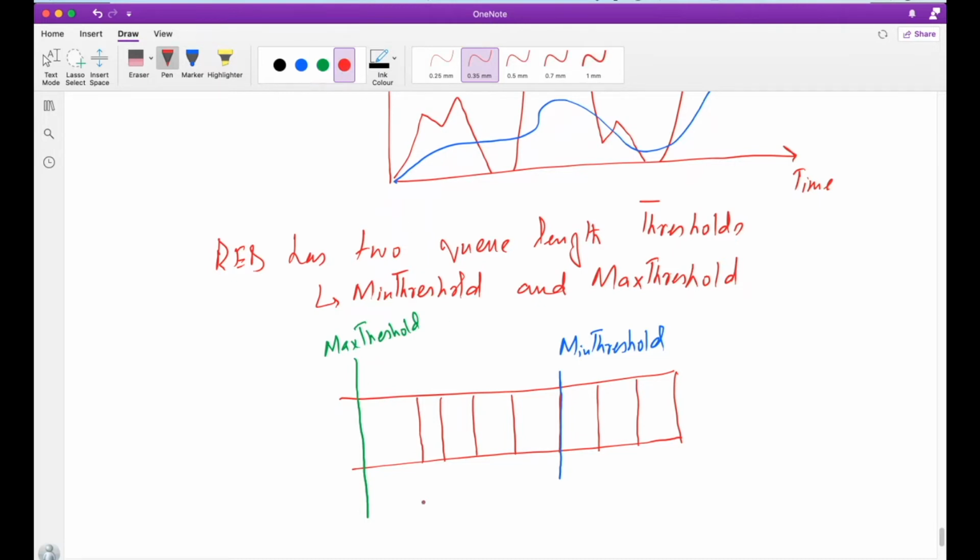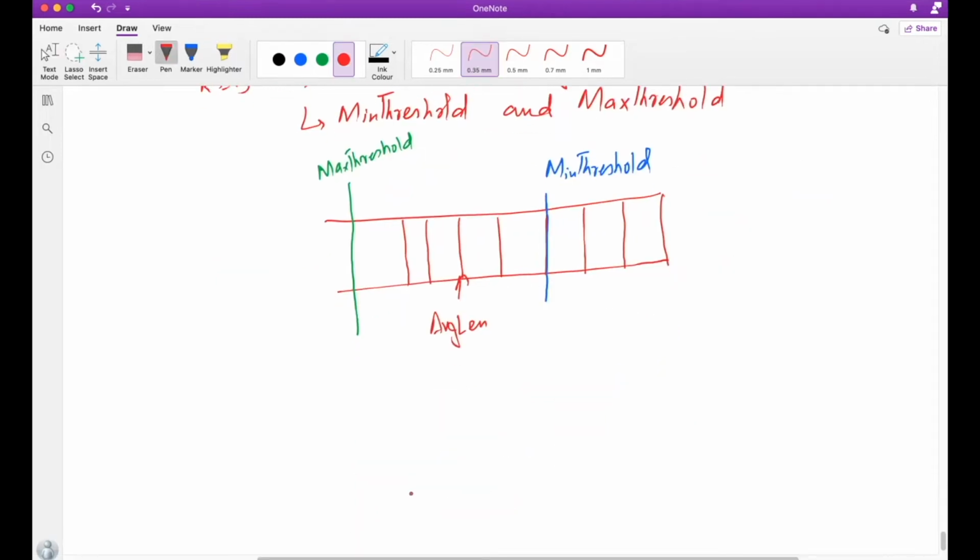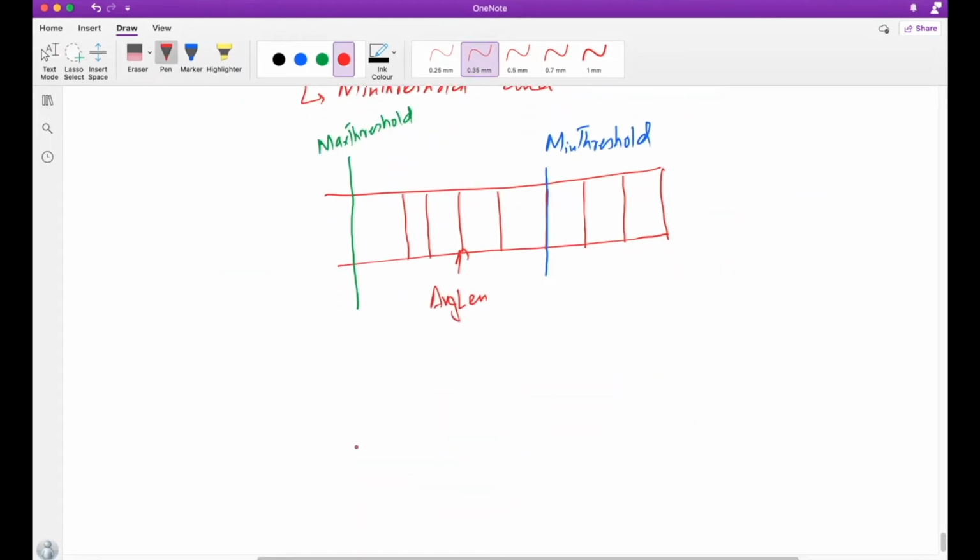So the average queuing length will be somewhere here. So in order to calculate average queuing length, we have two thresholds. We have a minimum threshold and we have a maximum threshold. So we try to understand how this average length is computed using minimum threshold and maximum threshold values.